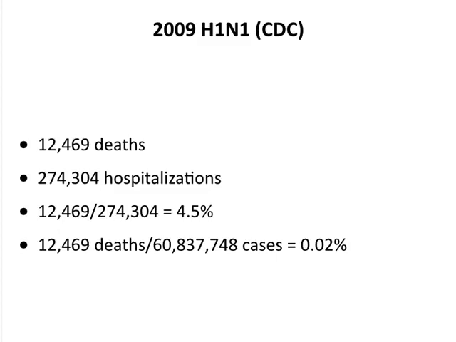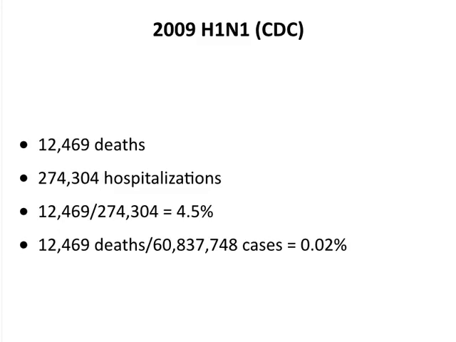So we have a pretty good influenza monitoring system. So if you divide those two numbers, you get the case fatality ratio, which is 4.5%. So this is a typical influenza virus, a pandemic strain newly introduced into the population, causing a little more death than usual.